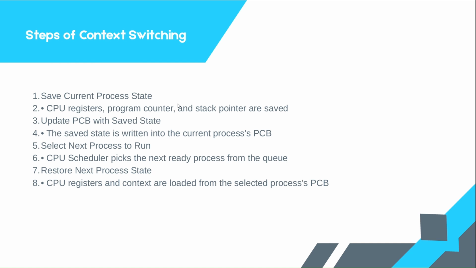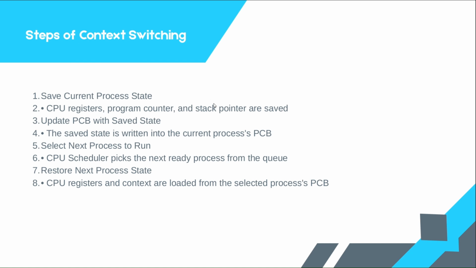You can think of this as saving progress in a video game. Whenever you save your game before exiting, you can later continue from exactly the same level instead of starting from the beginning. Similarly, the PCB stores the complete state of the running process.